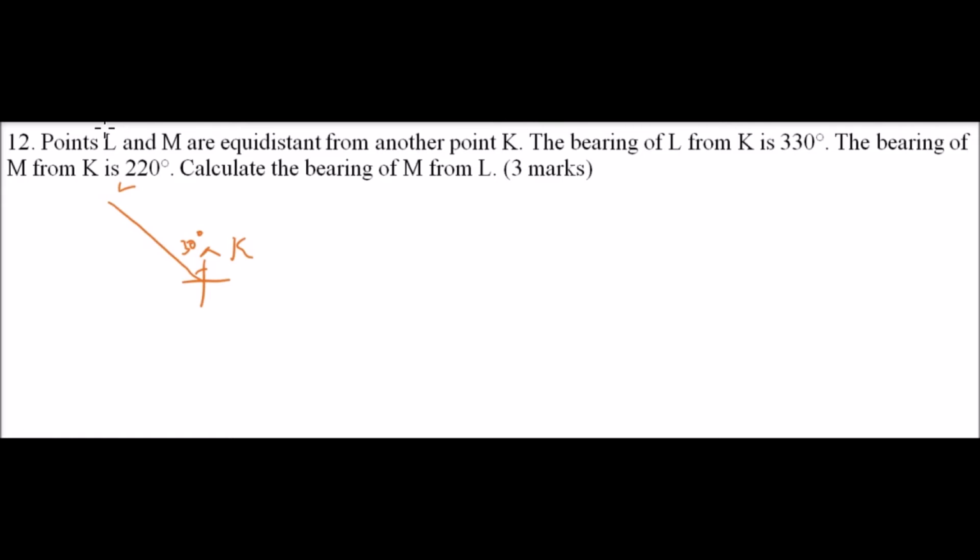So from this is 180. 180 you add 40 degrees, and you get that is the bearing, and therefore we have that is a bearing of M, and therefore this angle here is 40 degrees.